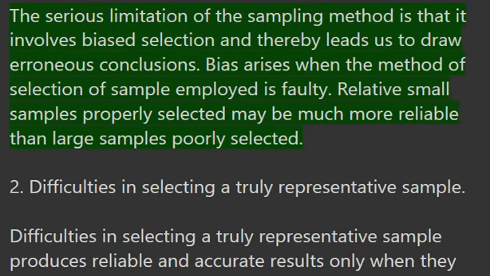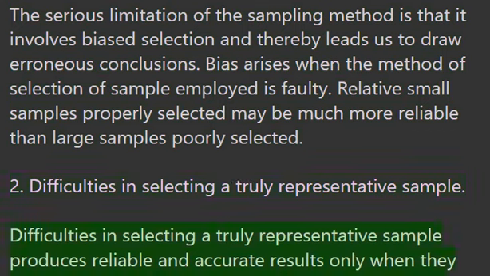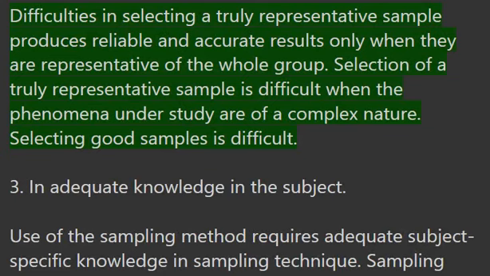2. Difficulties in selecting a truly representative sample. Samples produce reliable and accurate results only when they are representative of the whole group. Selection of a truly representative sample is difficult when the phenomena under study are of a complex nature. Selecting good samples is difficult. 3.